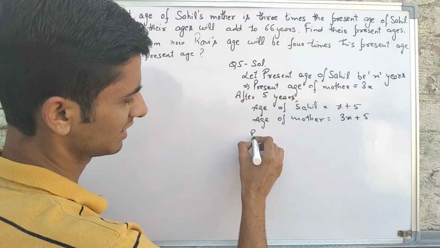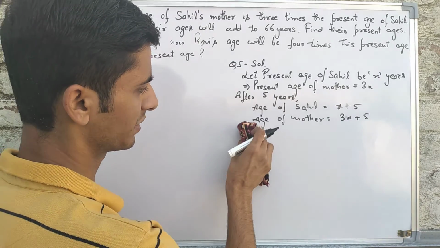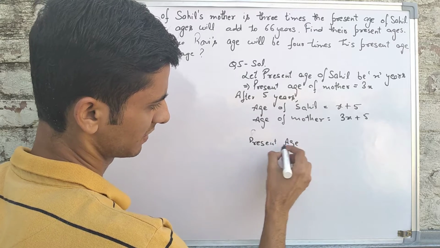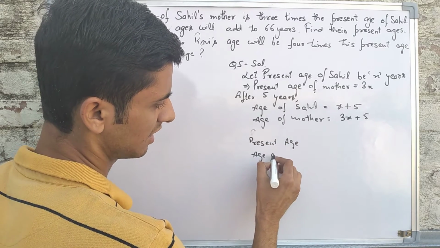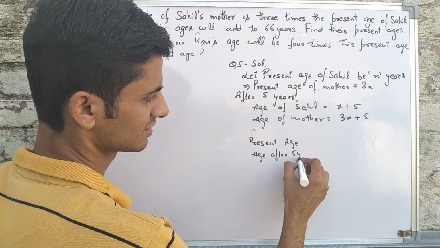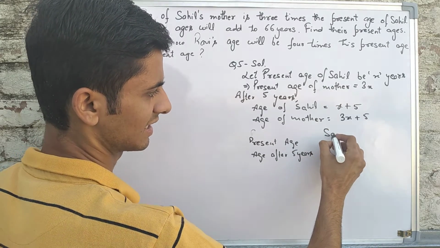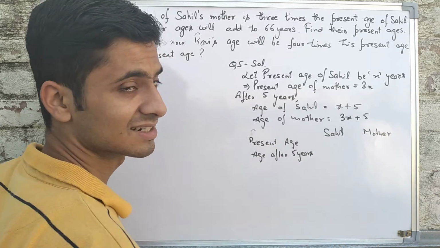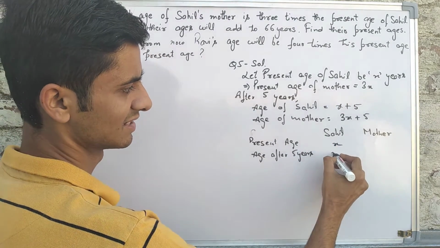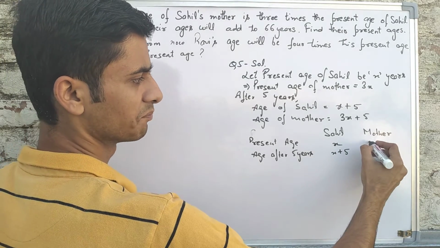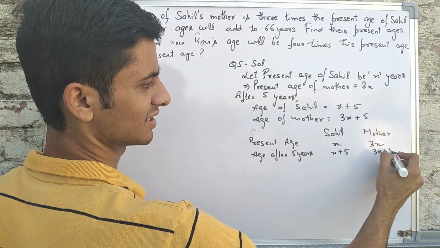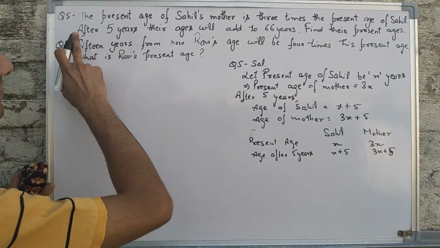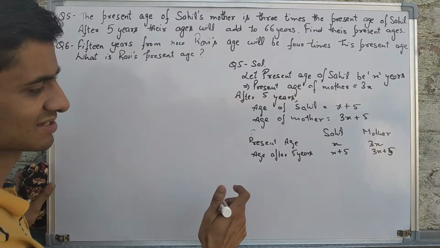We can also make a table like this, like present age, after 5 years, Sahil and Sahil's mother. Sahil's present age is x, after 5 years x plus 5. Mother's present age is 3x, after 5 years 3x plus 5.